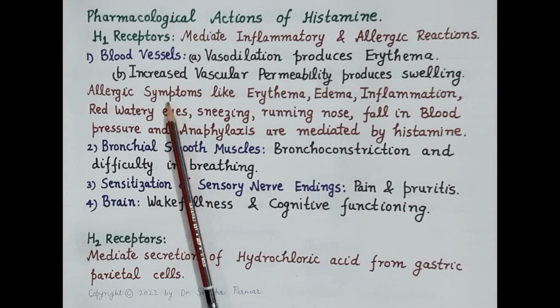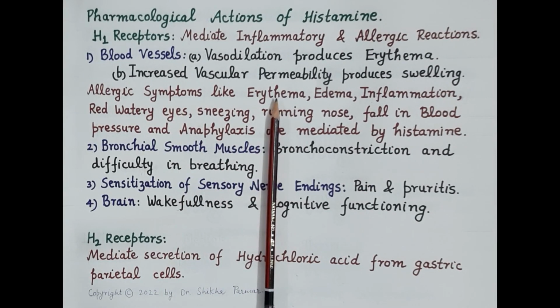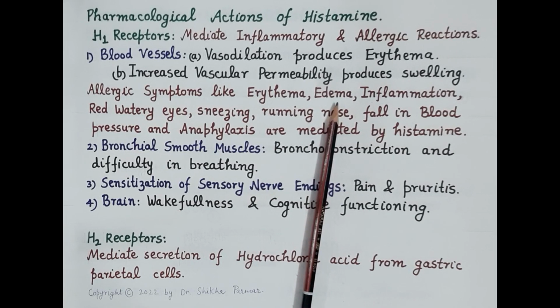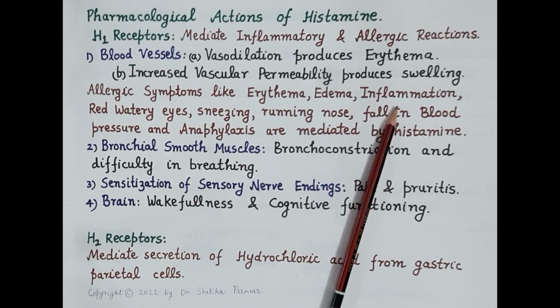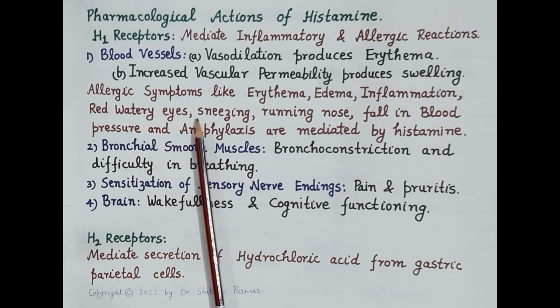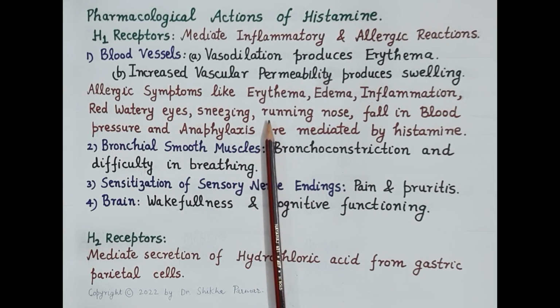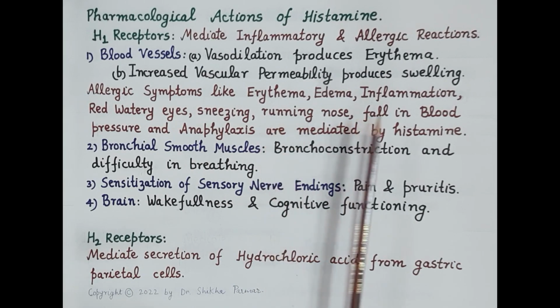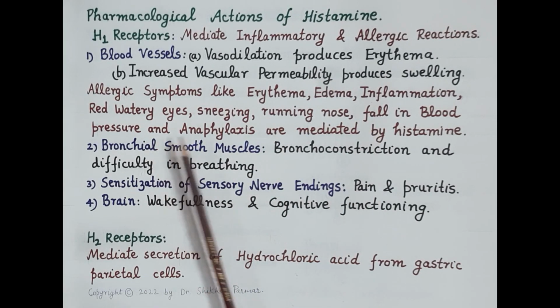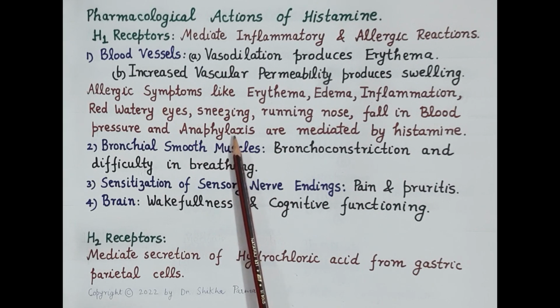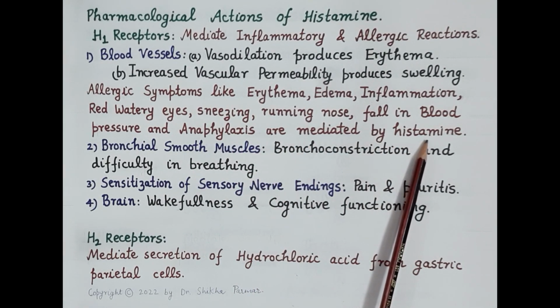Now, allergic symptoms like erythema or redness of the skin, edema or swelling, inflammation, then red watery eyes seen in the case of allergic conjunctivitis, sneezing and running nose, symptoms of allergic rhinitis, excessive fall in blood pressure in anaphylaxis are all mediated by H1 receptors of histamine.